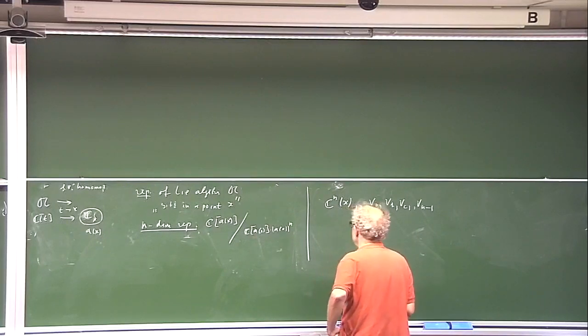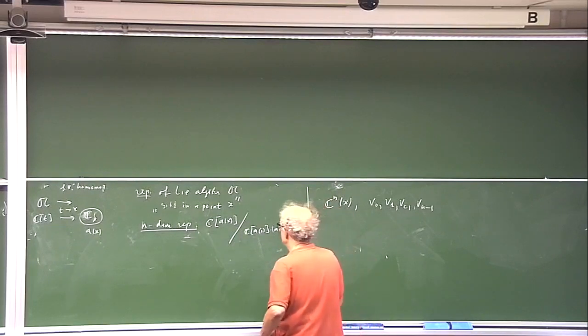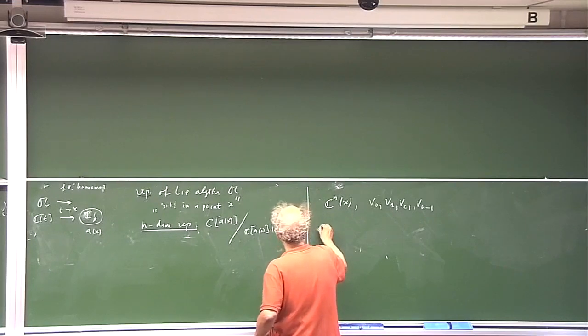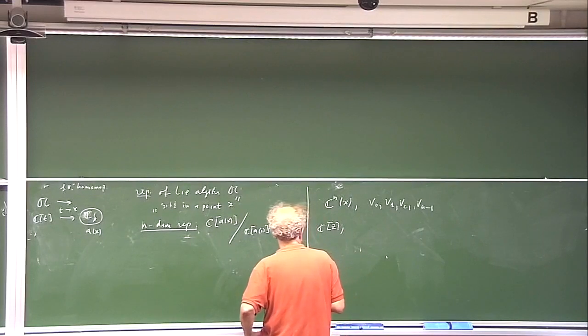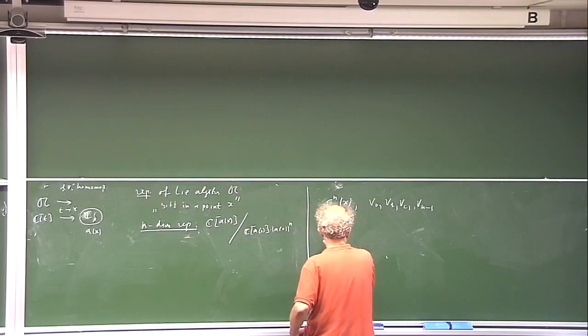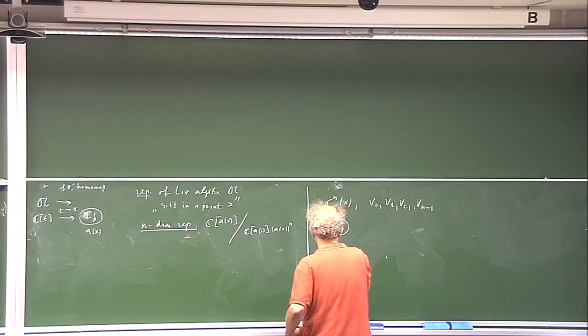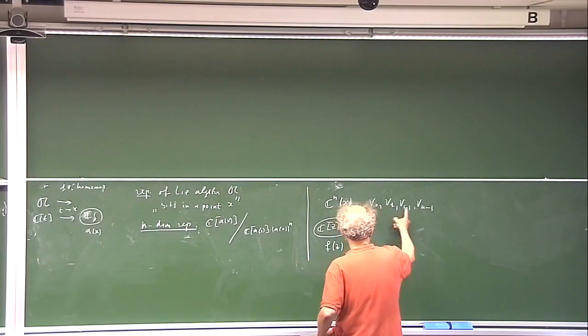And because it has to be a representation of my algebra, it means that each element from here is just a polynomial in Z. Yes, and the action here is the following.